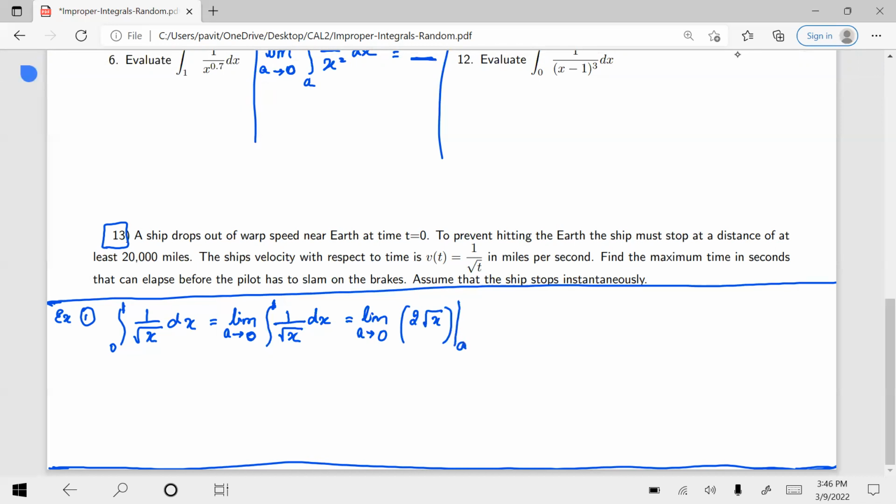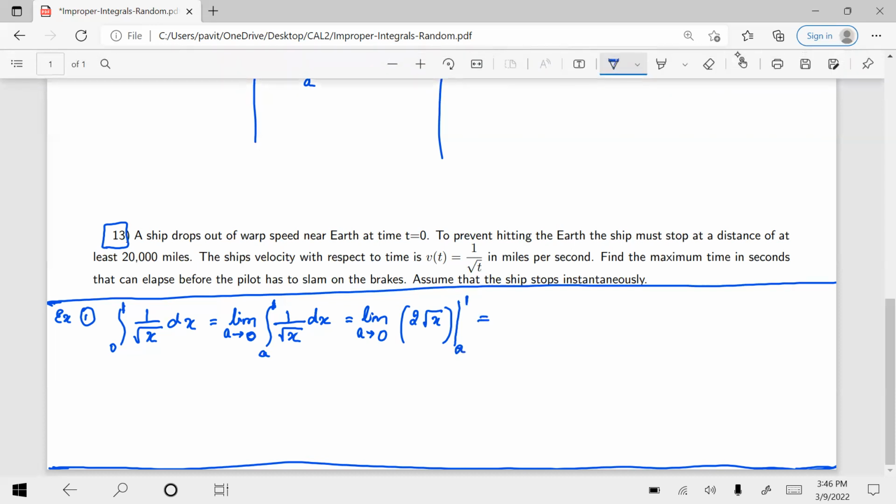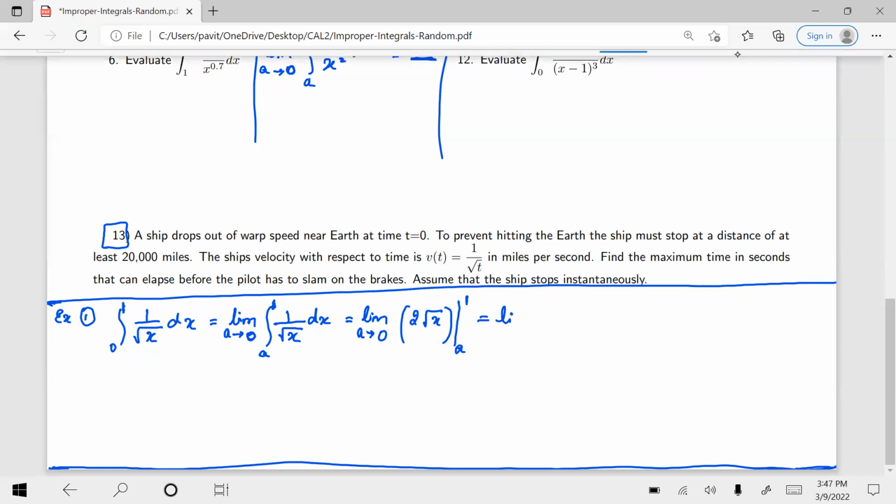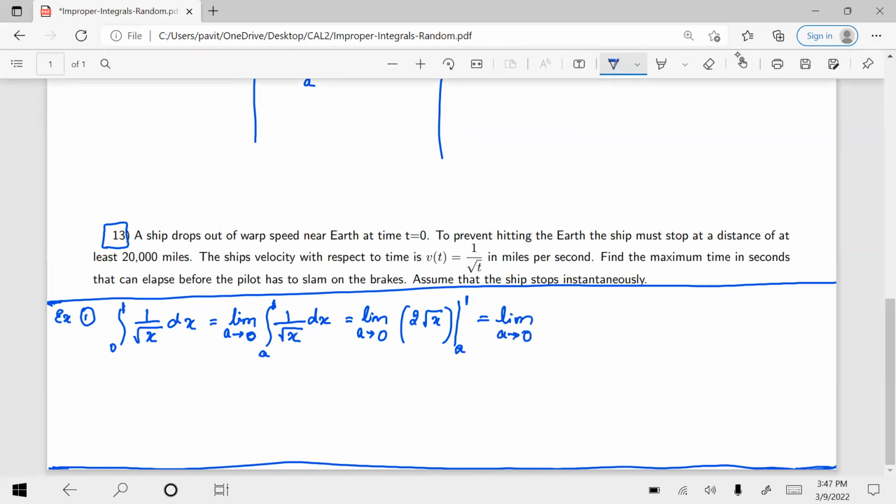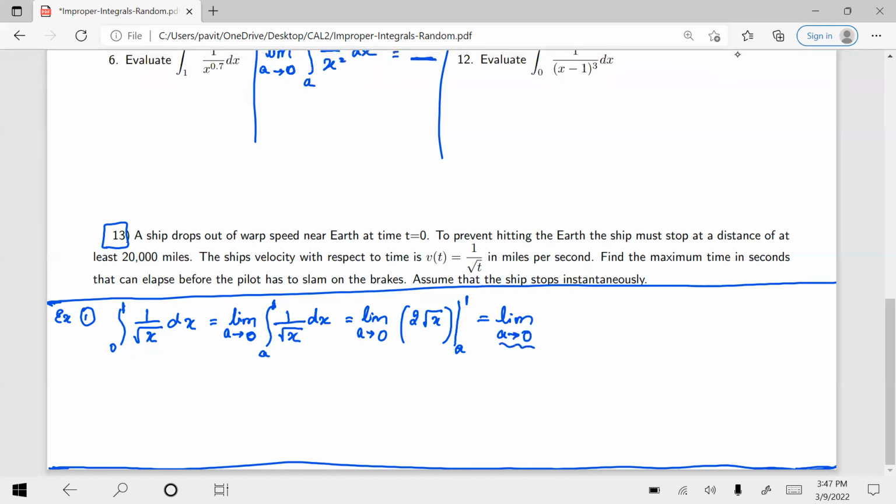Now, whenever we introduce the limit, the 0 point will be equal to a. So the number is from a to 1, with limit a tending to 0. So when we have this arrow mark here, we say a tending to 0. a is not exactly 0, but is very, very close to the 0 value.